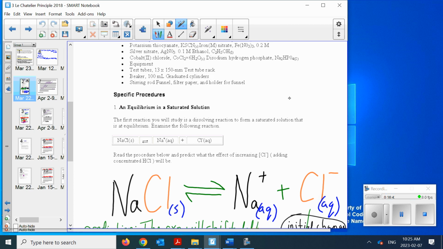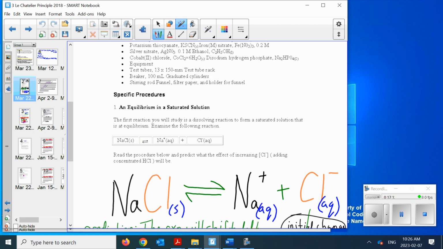But our question was, what happens if we increase the amount of Cl? Right now it's at a balance, in that the forward and reverse reaction rates are the same. If all of a sudden I increase this, I have too much of this. How does the system get rid of the excess Cl? What's the only way that it uses up Cl?